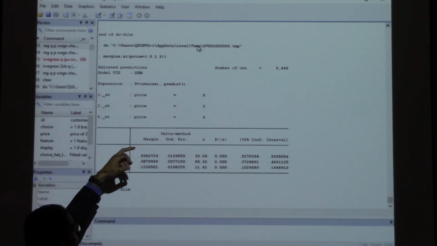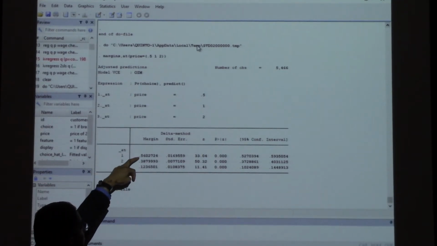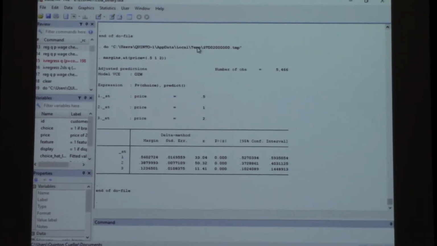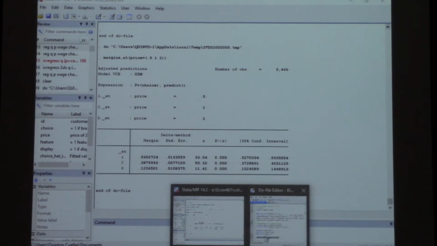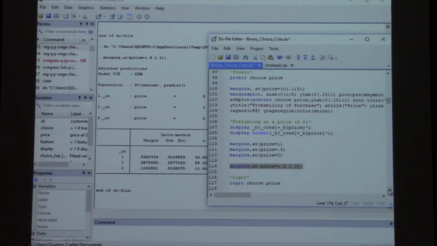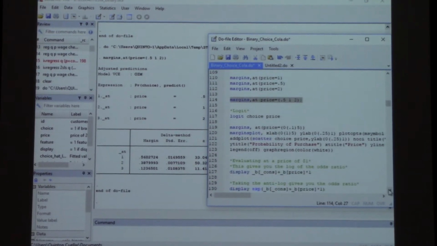Price goes 50 cents, $1, $2. And as the price goes up, probability of purchasing goes down. The graph tells us that. This will quantify it more specifically. But we're going to have a way of doing that in the graph also, which we'll get to. All right, we can do all the same things for logits.